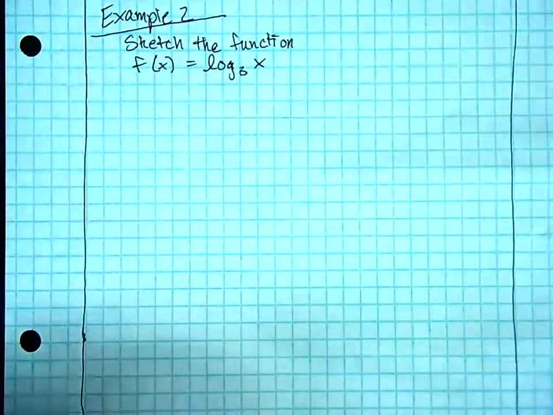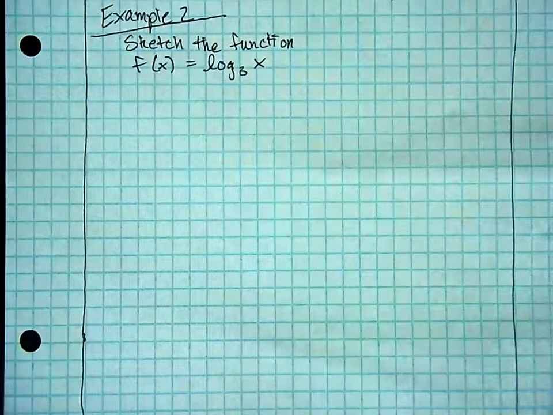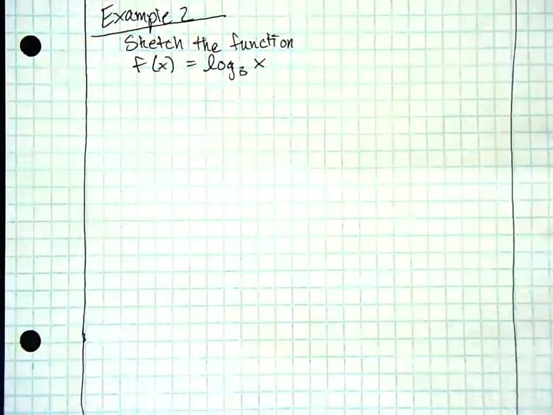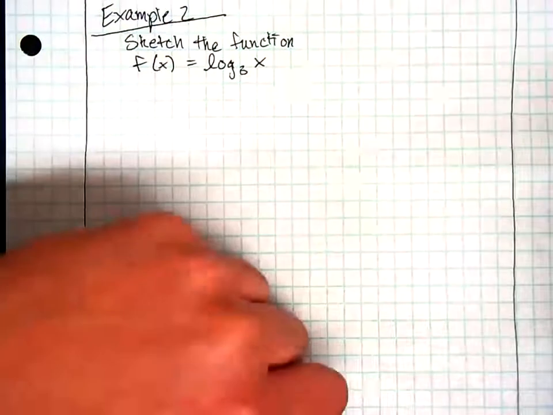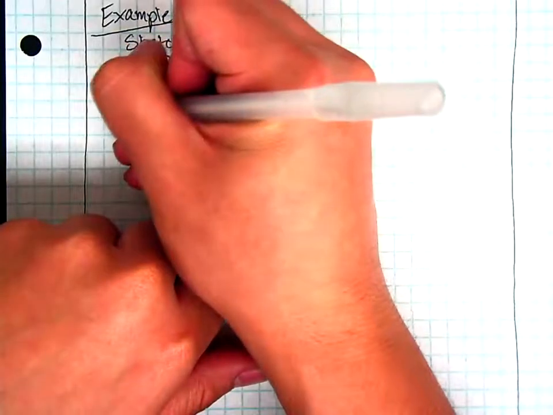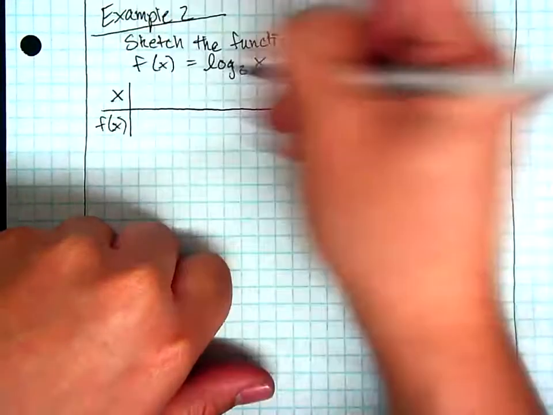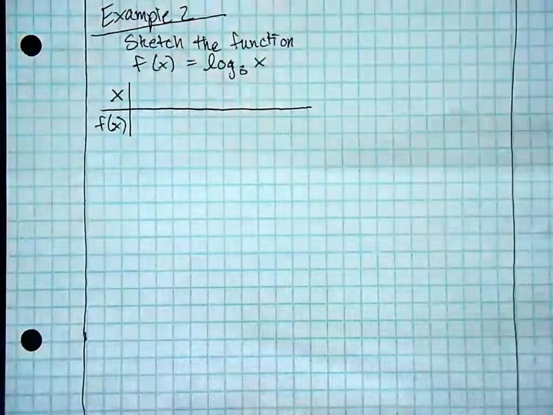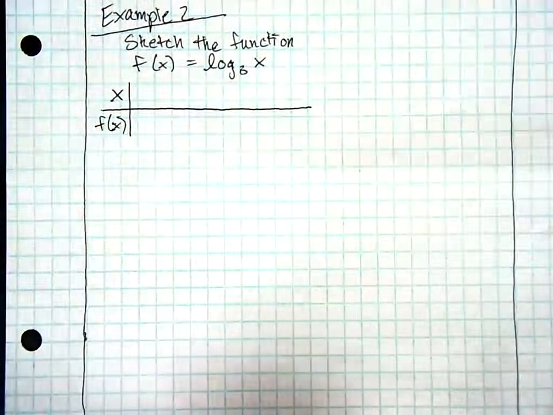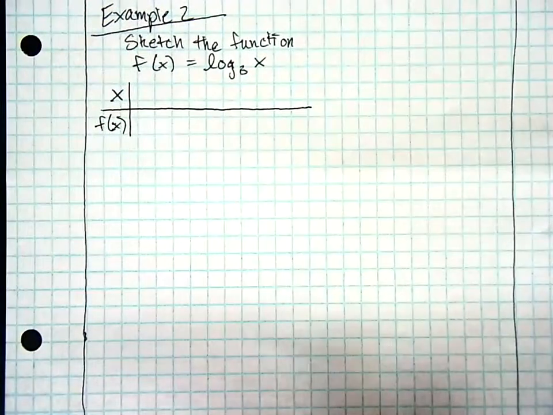So I could graph the exponential function 3 to the x and then graph the inverse of it, or you guys can also do an XY table. In this case, I'll use x and f of x. Now here's going to be the interesting thing about the XY table for this one.